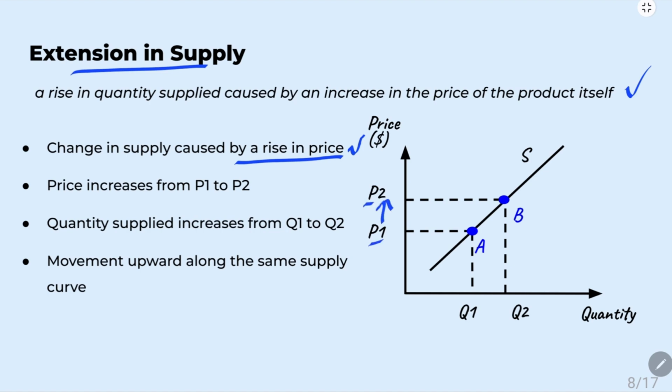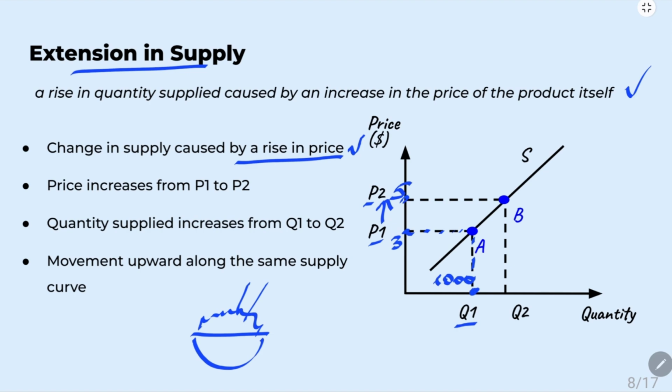For example, imagine the price of 1 kilogram of rice increases from $3 to $5. Because producers can now earn more profit, they become more willing to supply rice to the market. At the lower price of $3, firms may supply 1,000 kilograms of rice, which is shown as Q1 on the diagram.